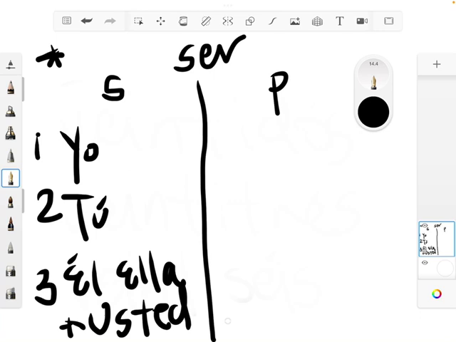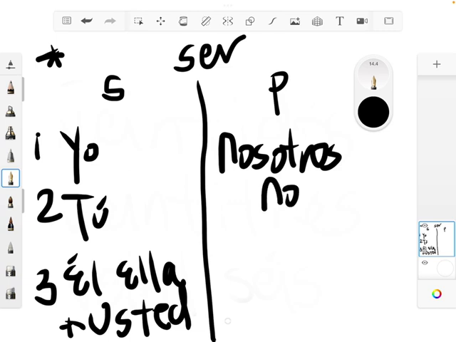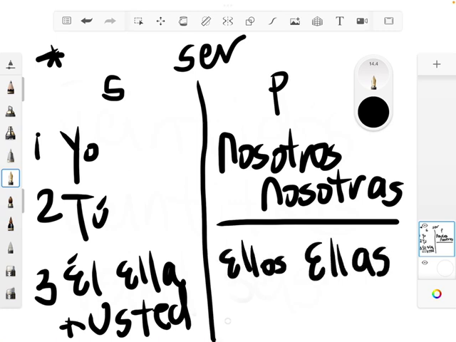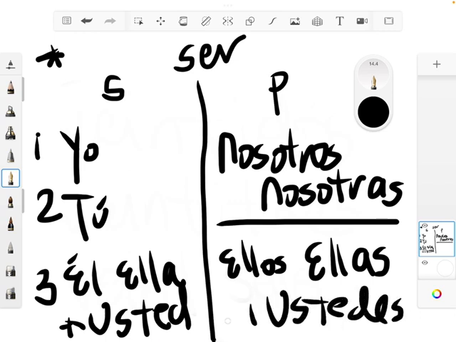We have nosotros and nosotras. We're going to skip second person plural, and I'll tell you why in a second. And then we have ellos, ellas, and ustedes. And then that one's special too.